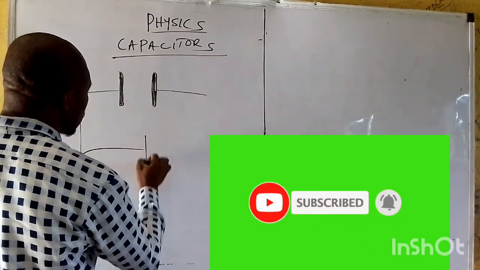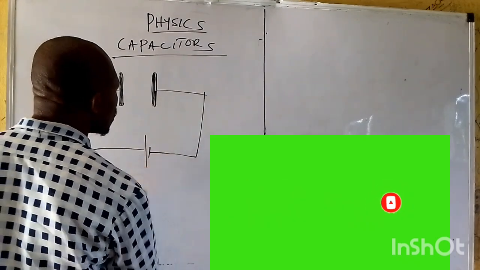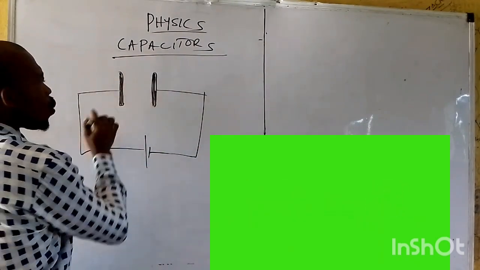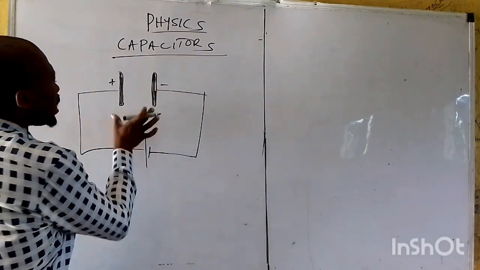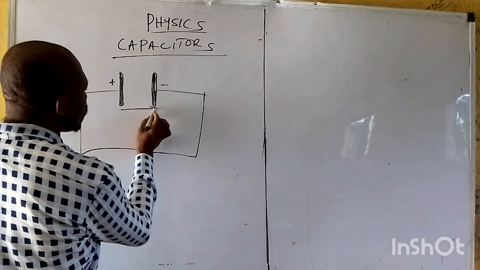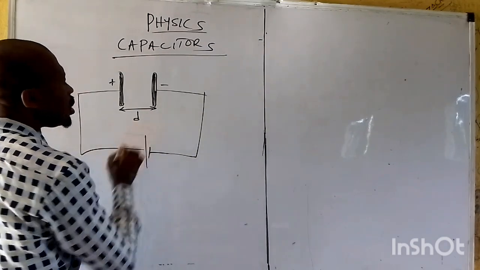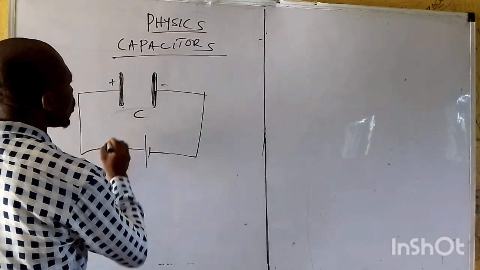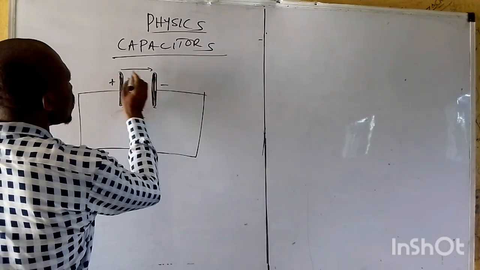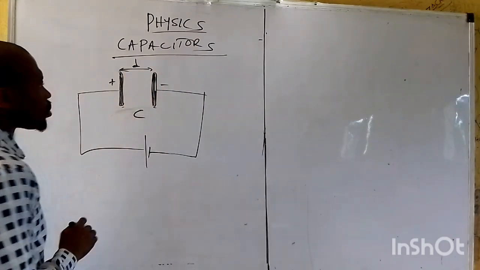Since they are equal but opposite, one is positive, one is negative, separated by a distance d.